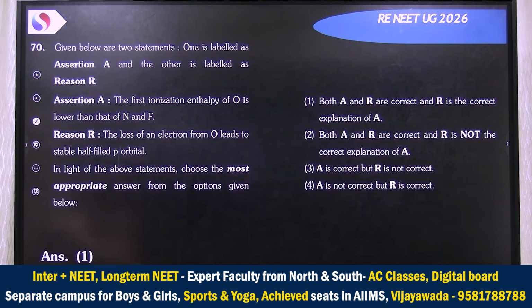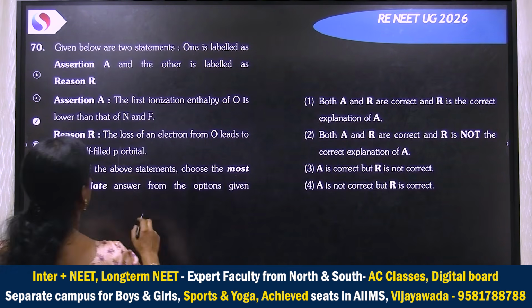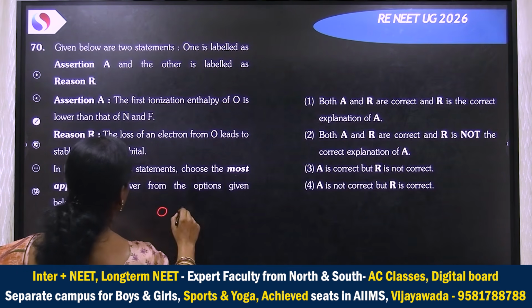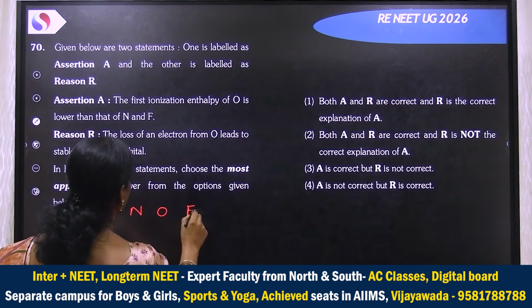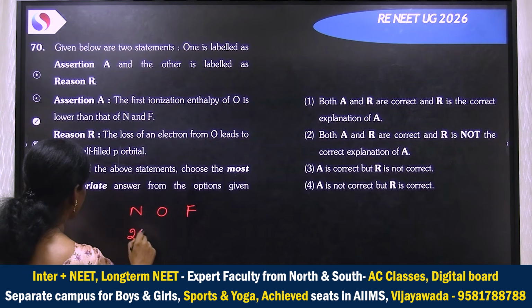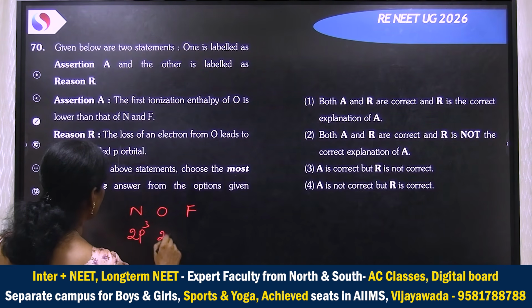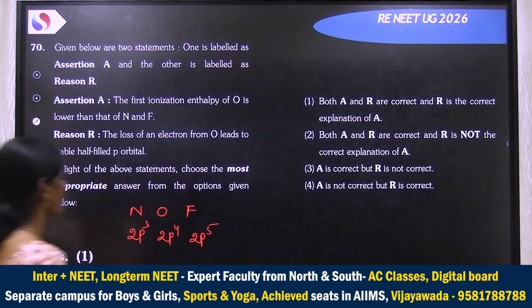Next one. Given below are two statements. One is labeled as assertion A and the other is labeled as reason R. Assertion: the first ionization enthalpy of oxygen is lower than that of nitrogen and fluorine. So nitrogen, after nitrogen oxygen, after oxygen fluorine. The outermost configuration is 2p3 for nitrogen, 2p4 for oxygen, 2p5 for fluorine.